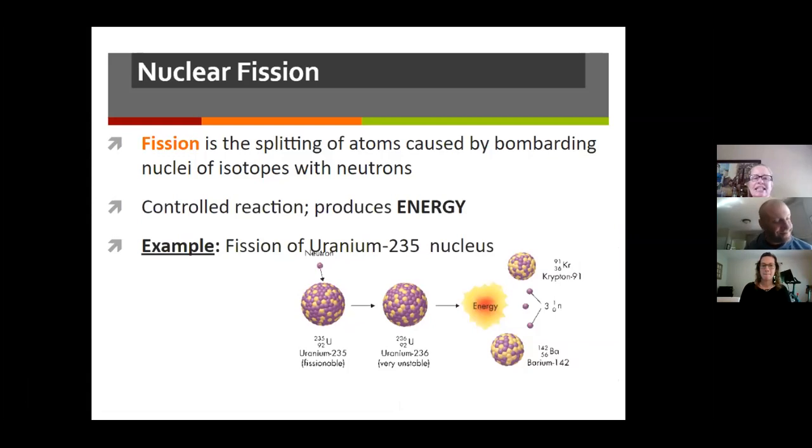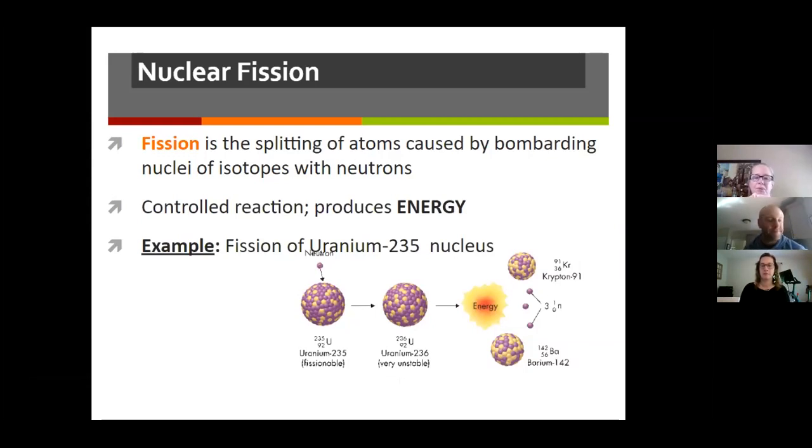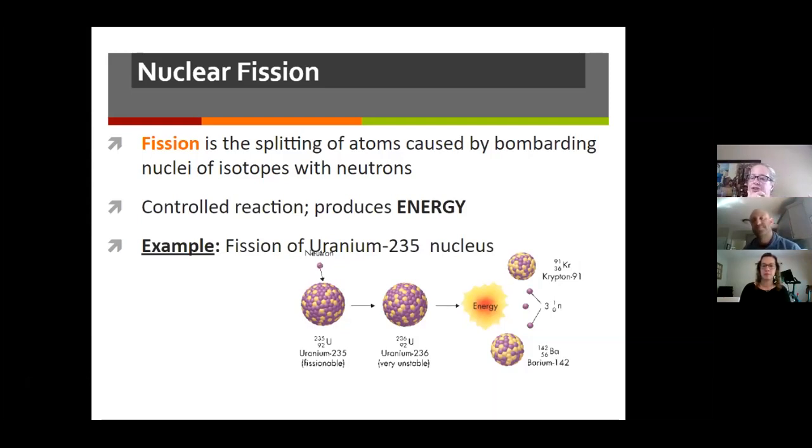All right, so nuclear fission. Fission is the splitting of atoms. What happens is a nuclei hits and then causes the nucleus to break up, and you have what are called decay particles. Depending on what isotope is decaying will depend on what particles are made, and you notice one of the byproducts is energy.